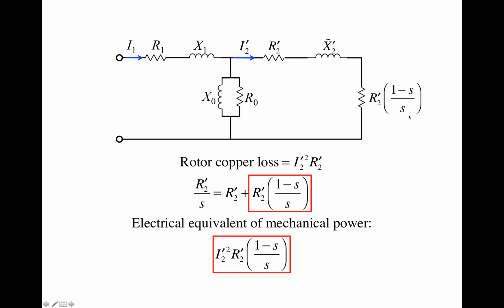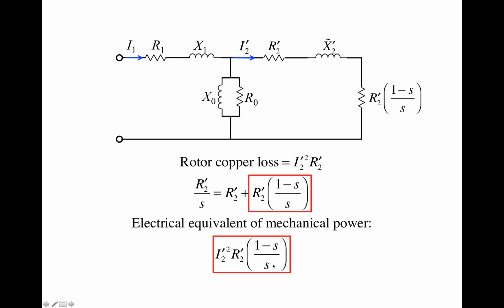So this is indeed a remarkable result. Right? Now we have an electrical representation of the mechanical power in our equivalent circuit, and that power equals I2 prime squared multiplying R2 prime times this slip dependent term.